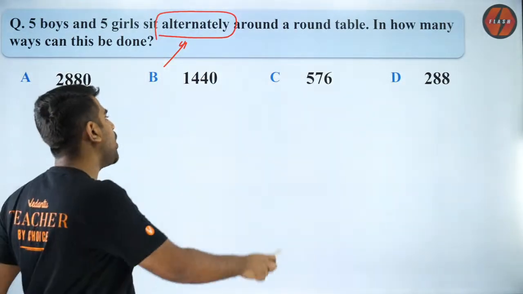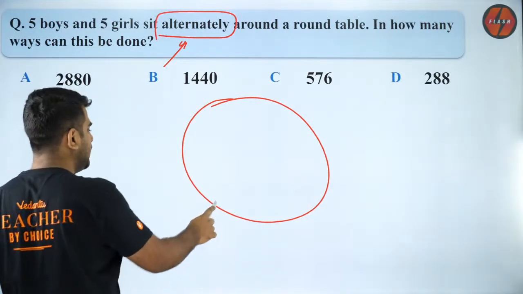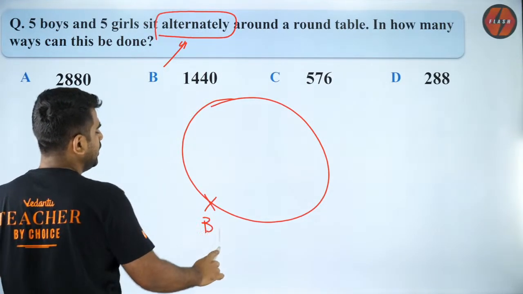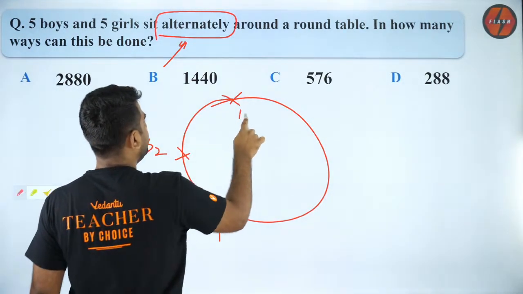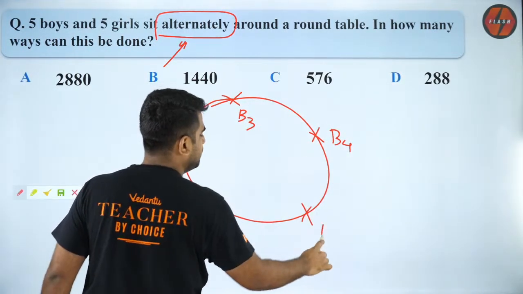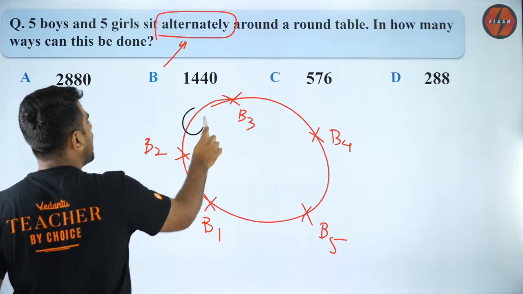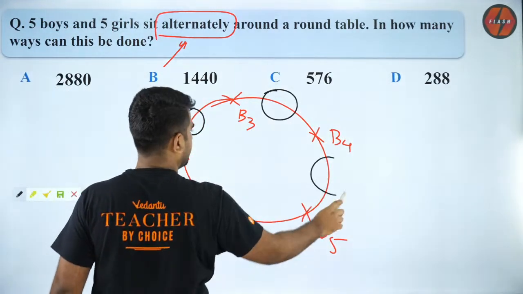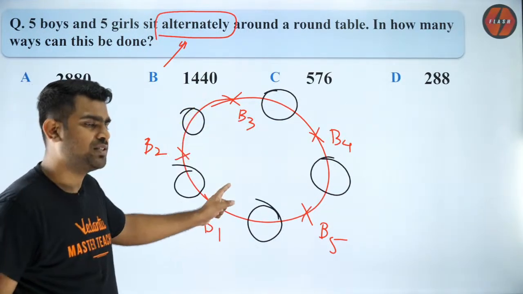So listen carefully. What will I do? First, I will take the boys. The boys will take the 5 places, B1, B2, B3, B4 and B5. Now, when the boys are sitting, how many gaps will there be? There will be 5 gaps.